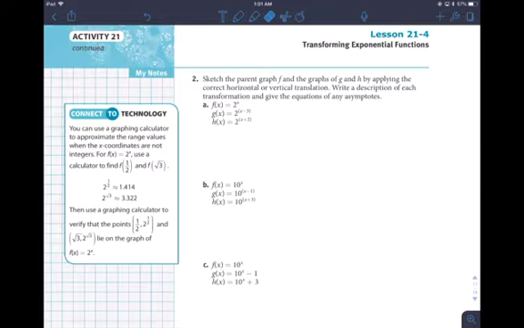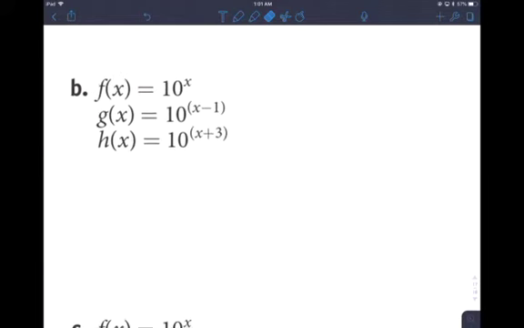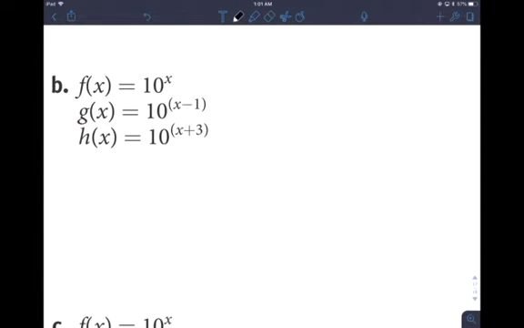So 332. The way they do it here is very straightforward. The way I would advise to do these functions is by breaking it down first, recognizing, I'll put in quotes, the parent function. So I'll start with B. They're asking us to graph three functions. I'll just write them here. f of x is equal to 10^x.